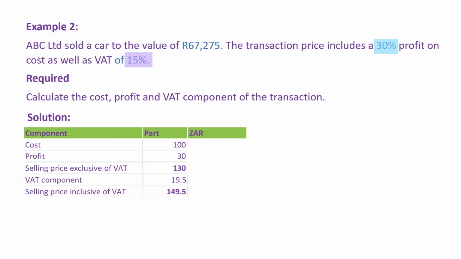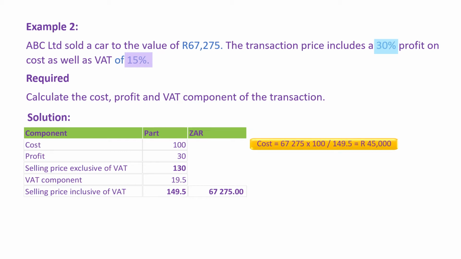In terms of what is given to you, your selling price of the car is provided, so everything else is unknown. In order to calculate your cost, the trick in terms of ratios and proportions is to multiply the figures across. So 100 is across 67,275, and you divide it by the opposite part number, which is opposite to your unknown.